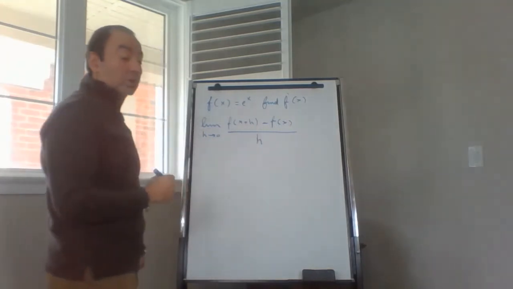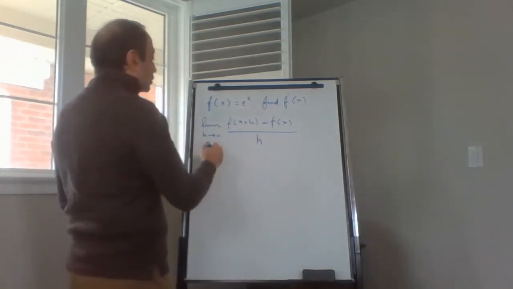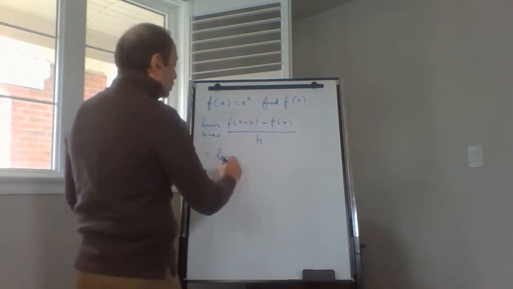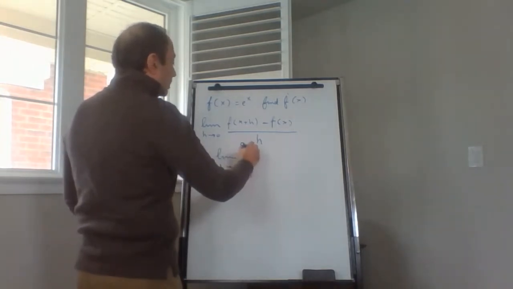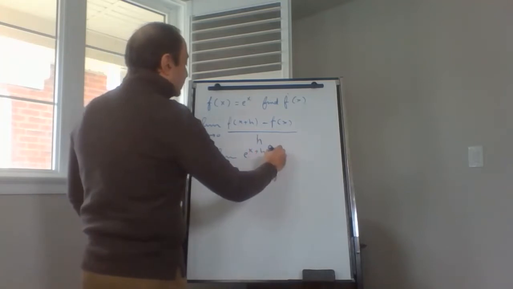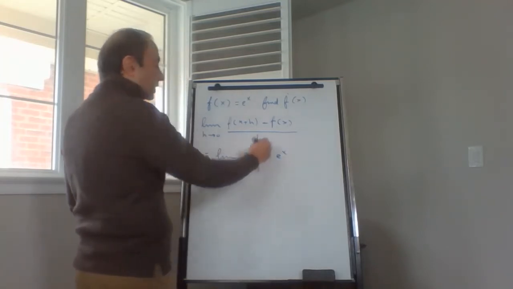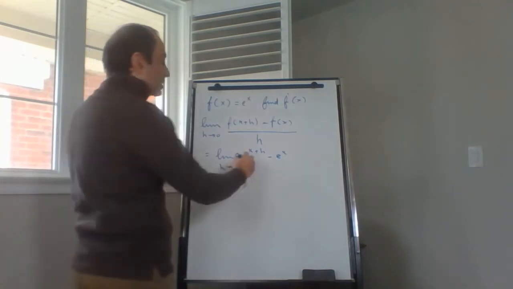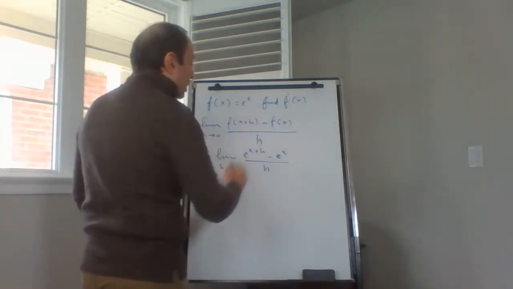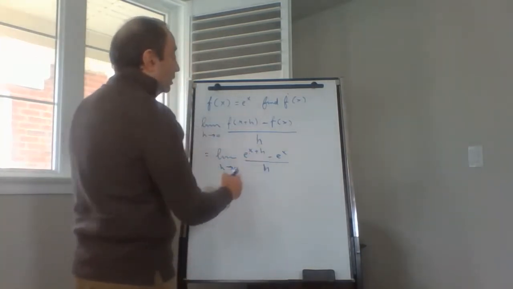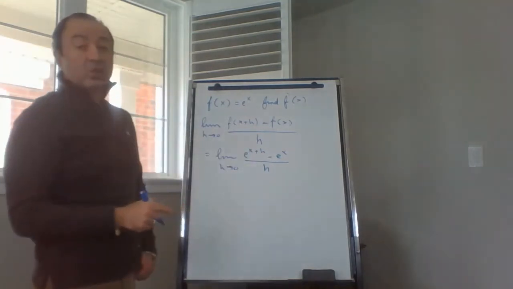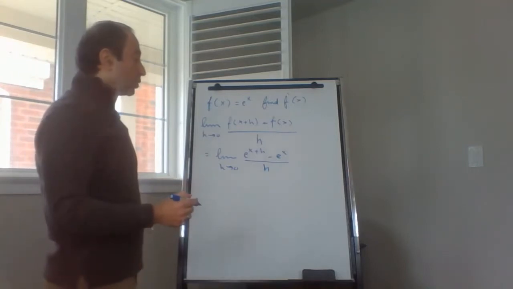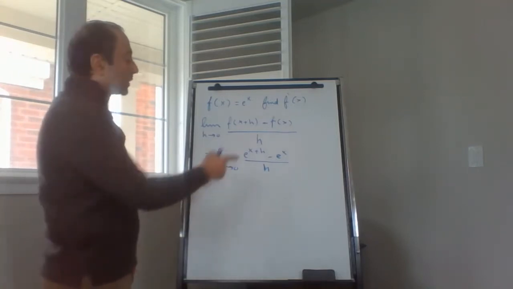So this is the limit as h goes to 0 of e to the power of x plus h minus e to the power of x, divided by h. Again, if I substitute h with 0, it will not work, because I will divide by 0, which we cannot do.